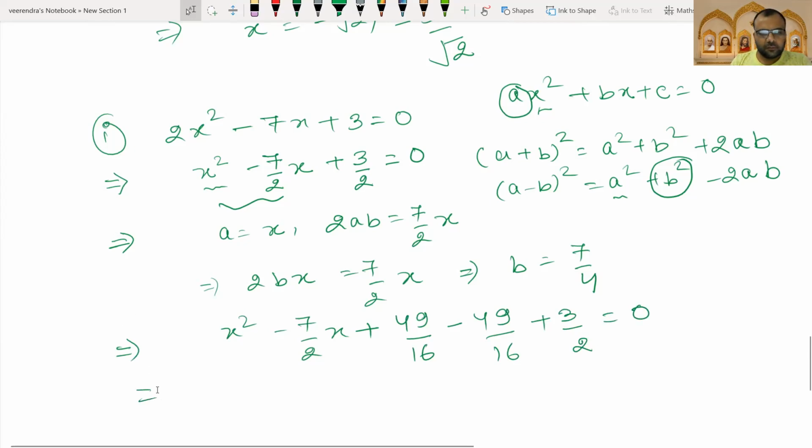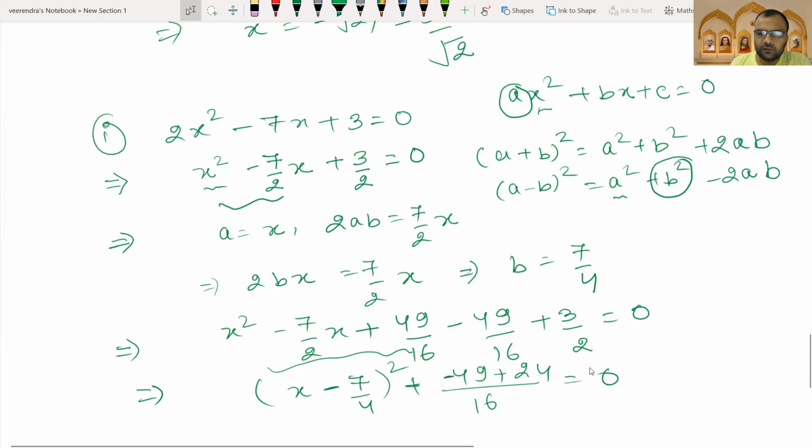So it will become a perfect square of (x minus 7 by 4) whole square, and if I take LCM here, 16, this will be minus 49 plus 24 equals 0.